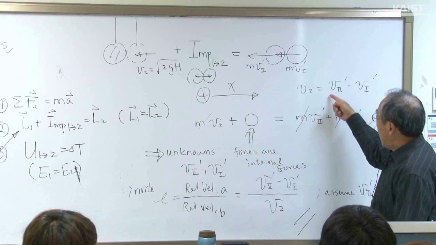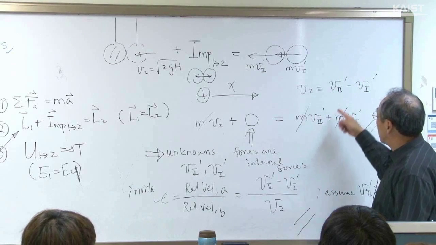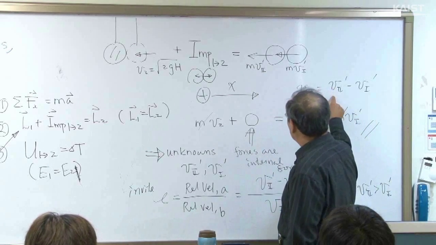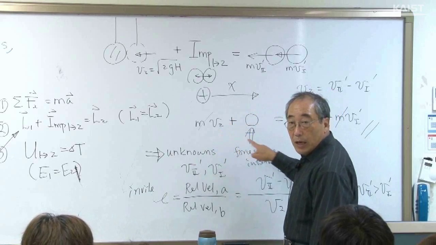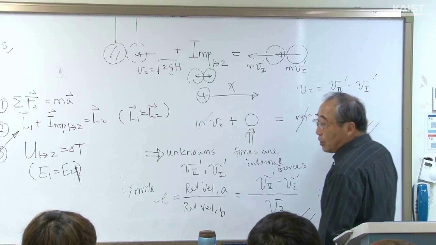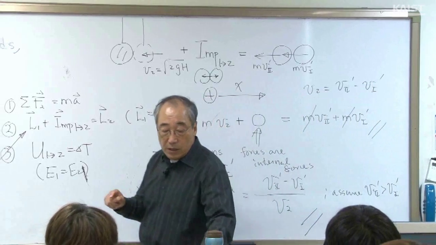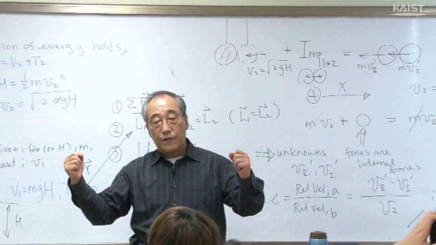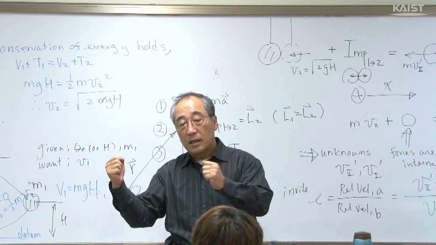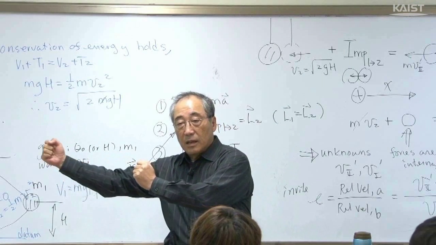So if I add these two equations together, I get V capital 2 equal to V2 prime. And then I plug that value over there, then V1 prime is 0. That means if E equals 1, elastic collision, then like that.